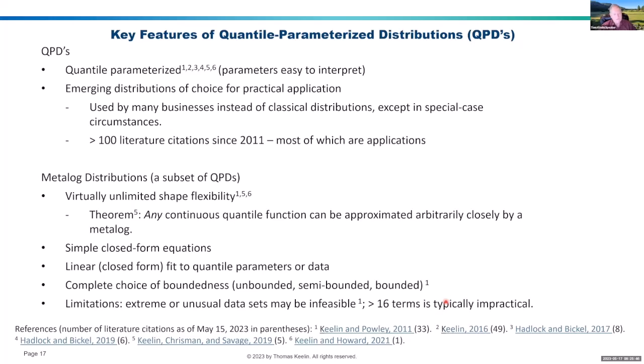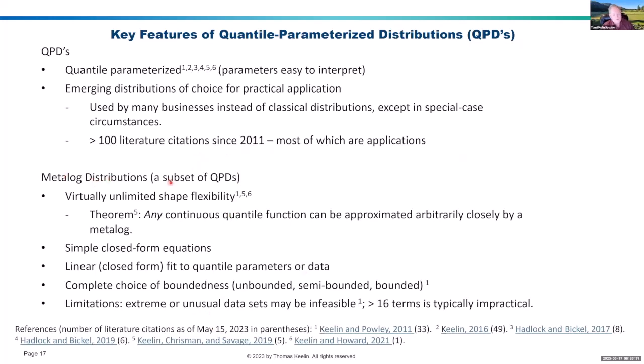I know of at least a dozen businesses, ranging from consulting firms to Fortune 500 companies, that use QPDs primarily instead of classical distributions, except in special-case circumstances where you need those distributions. By now, there are more than 100 literature citations to QPD since 2010, and interestingly, most of those are applications. You can see down at the bottom that the earlier papers tend to have more literature citations than the later ones, and that's, of course, not at all surprising.